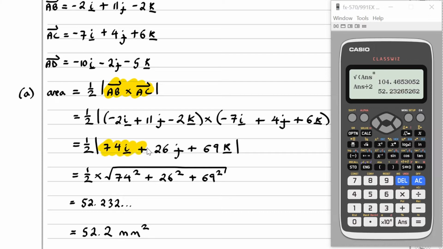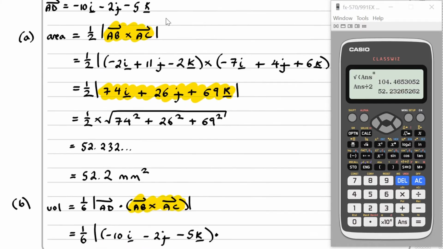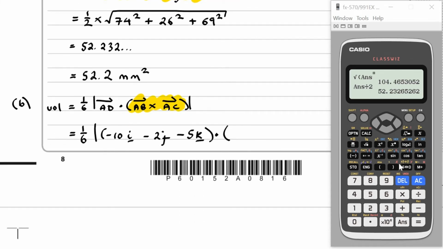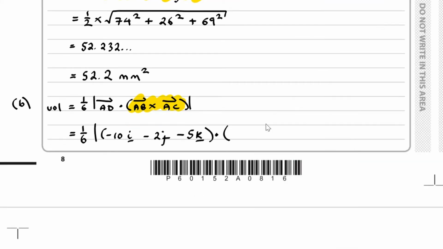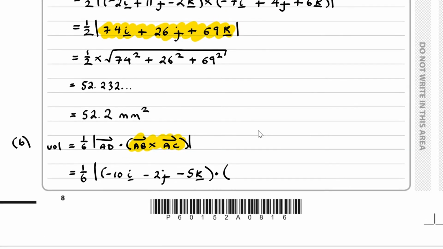We found that was 74i plus 26j plus 69k. So we will dot product this with this result over here, 74i plus 26j plus 69k.